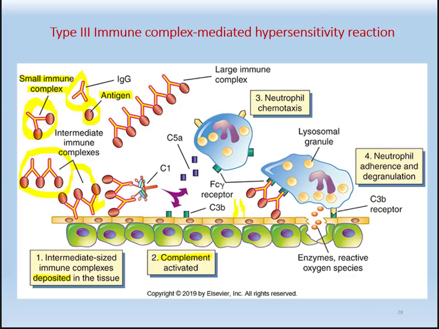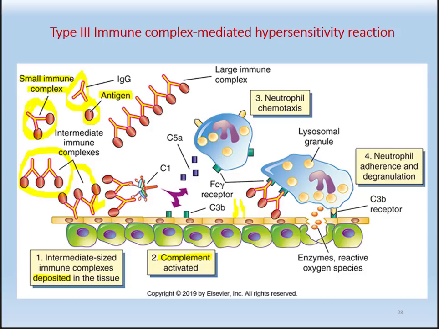Phagocytosis will be attempted in the area, but it's generally unsuccessful. And you end up with large quantities of lysosomal enzymes being released at this site instead of contained within the phagolysosome or within the phagocyte, as discussed on an earlier slide.